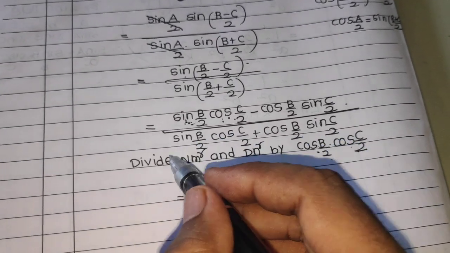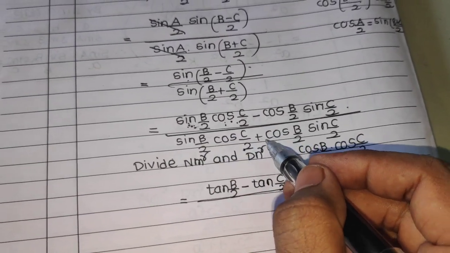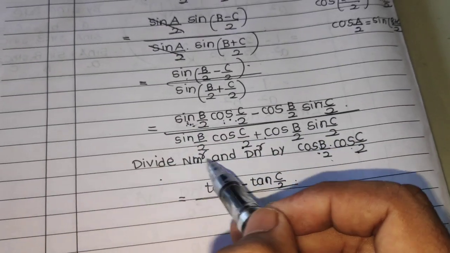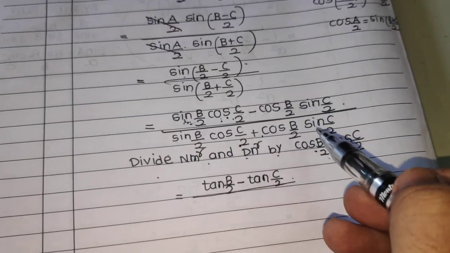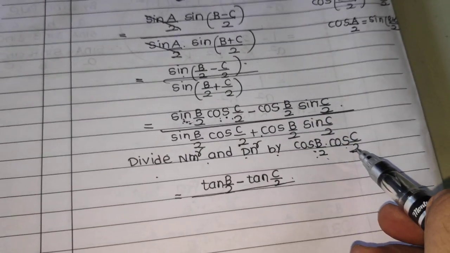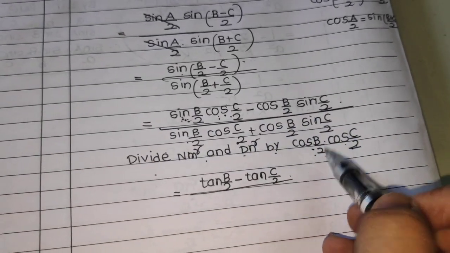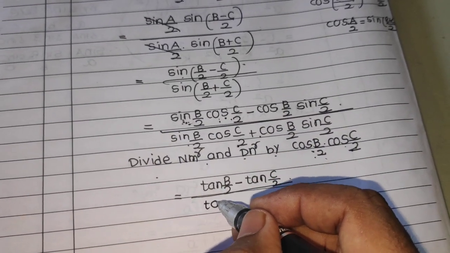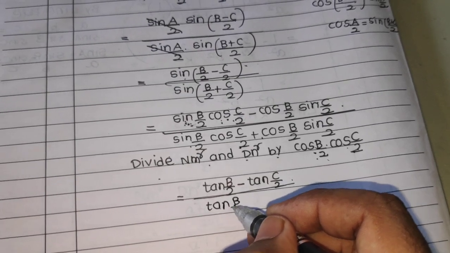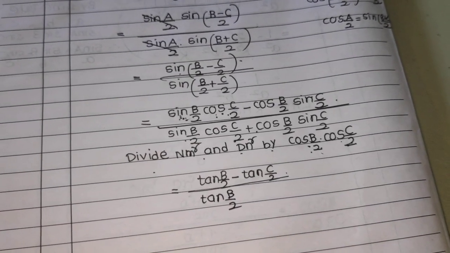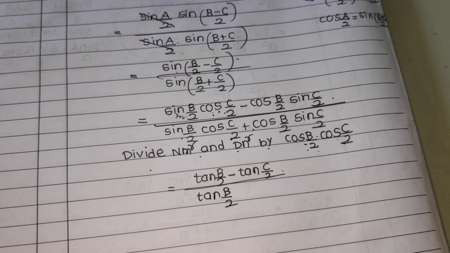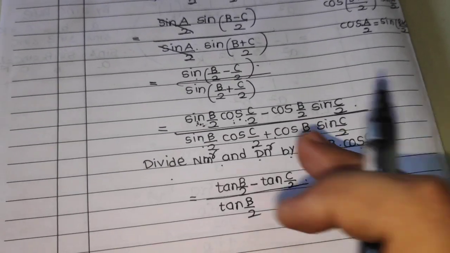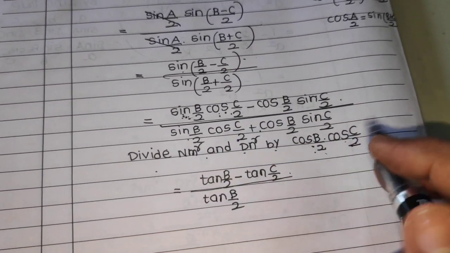Similarly, in the denominator, same terms, but only a positive sign in between. So once again, if I divide numerator and denominator by the same cos b by 2 and cos c by 2, sin b by 2 divided by cos b by 2 will be tan b by 2. Cos c by 2 divided by cos c by 2 will be 1.